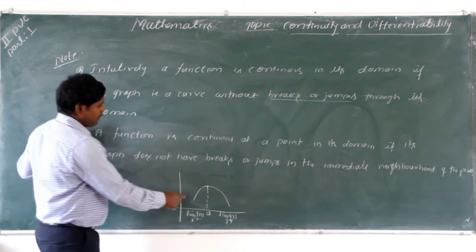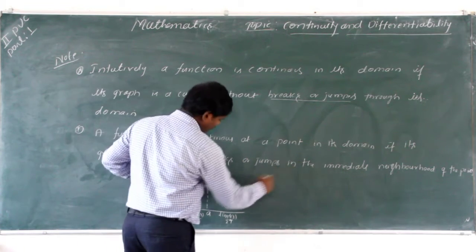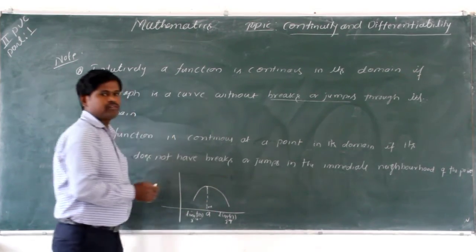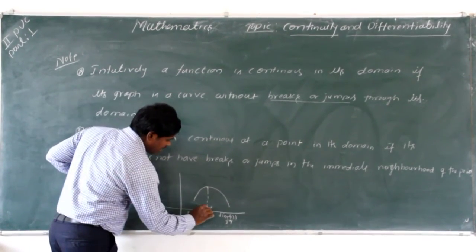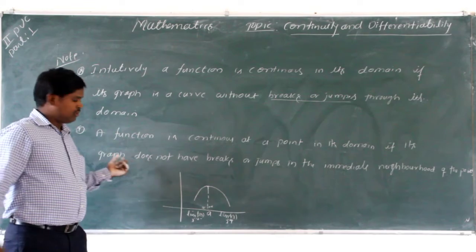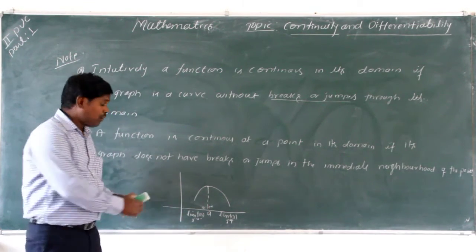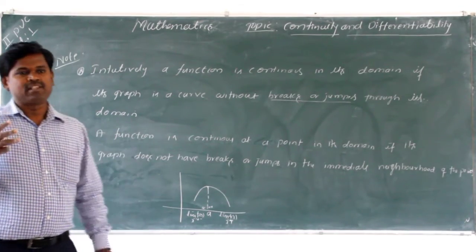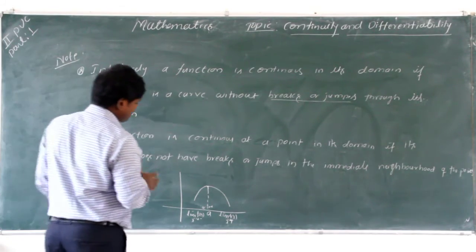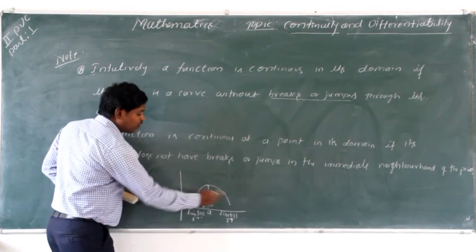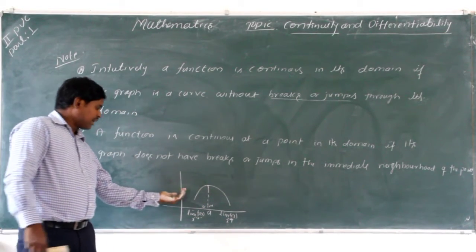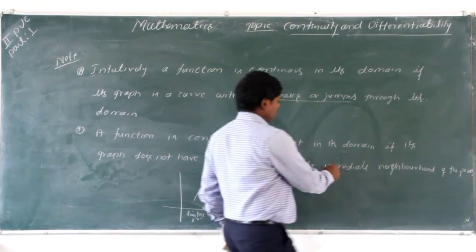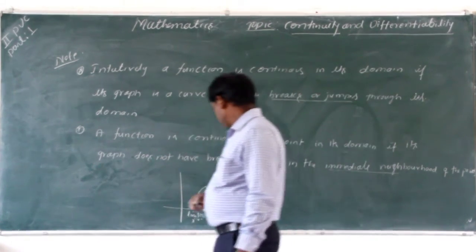So that is the neighborhood. The immediate neighborhood: a plus is a neighborhood point of a on the positive side, and a minus is a neighborhood point on the negative side. A minus is not a negative number, and a plus is not a positive number; it is just a point to the left of a and a point to the right of a. That is the immediate neighborhood of a.